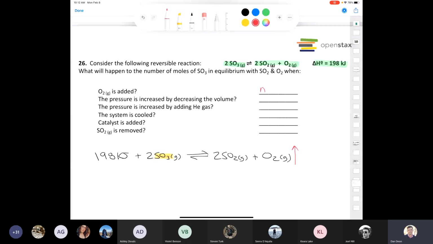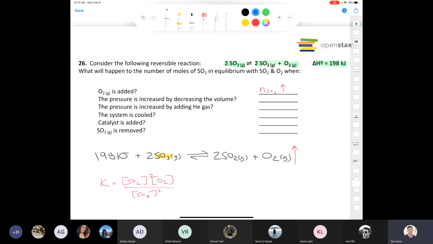If you're wondering, why did you say that, Mr. Dan? Why is it going to increase? Let's think about it. We have our K, which is equal to SO2 squared times oxygen divided by SO3 squared. But in this case, sorry, we're not changing the temperature, we're changing the amount of oxygen.